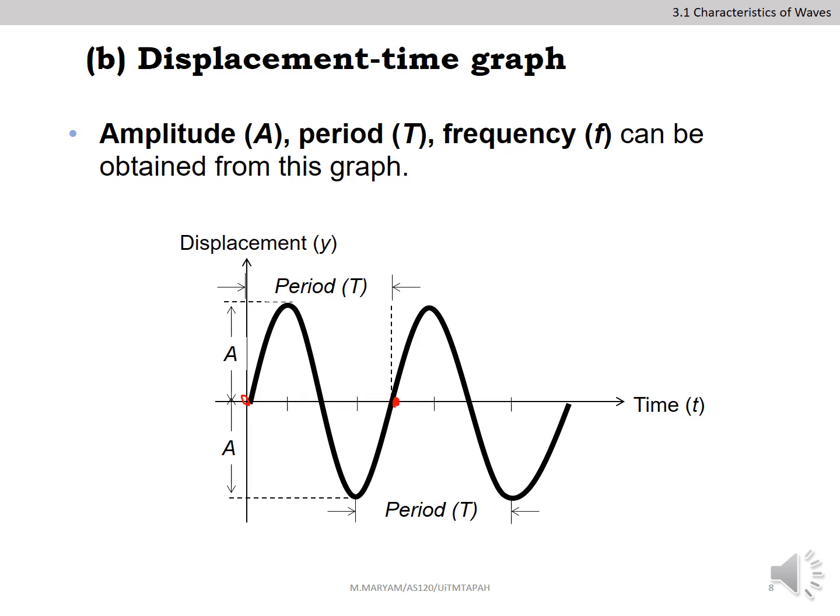This is the period. Or you also can measure from trough to trough or from crest to crest, so we will get the period too. It depends which one you want to measure. So remember for the period, make sure the graph is displacement versus time.